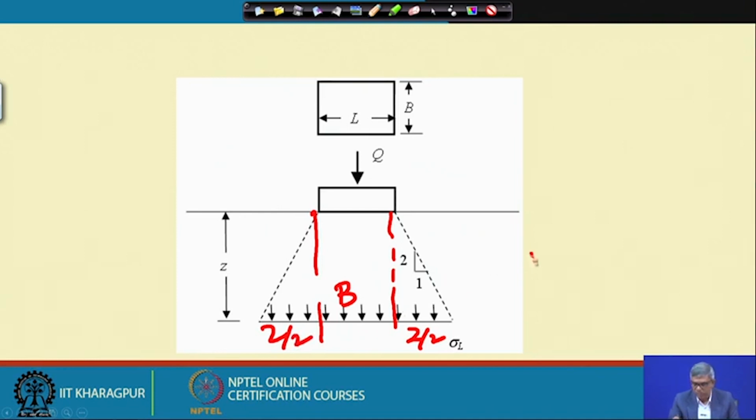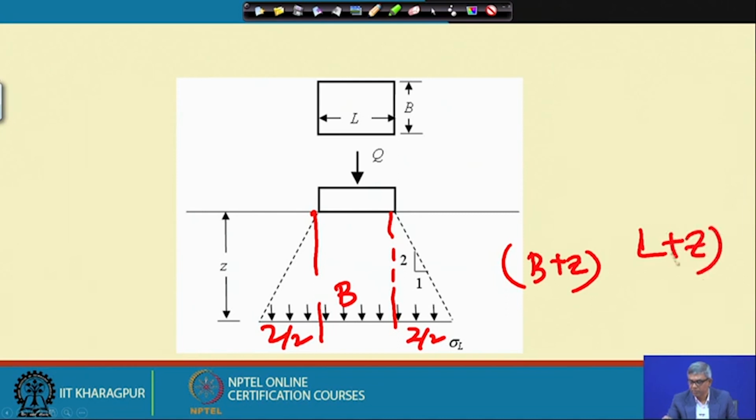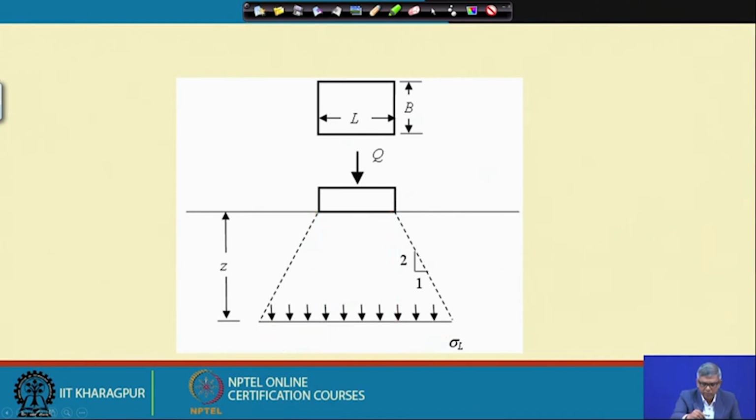So ultimately this width becomes B plus Z. If it is a rectangular footing, B plus Z will be the width and the length will also become L plus Z. So at this depth the area will be this multiplied by this.